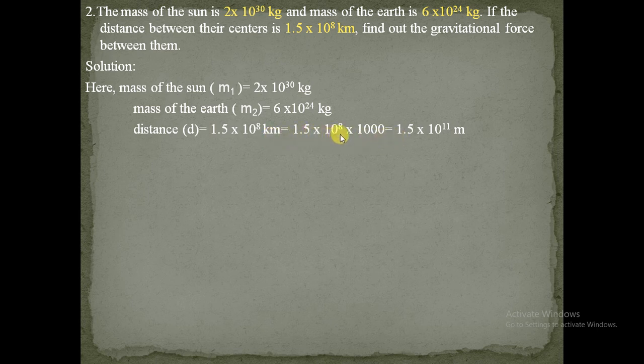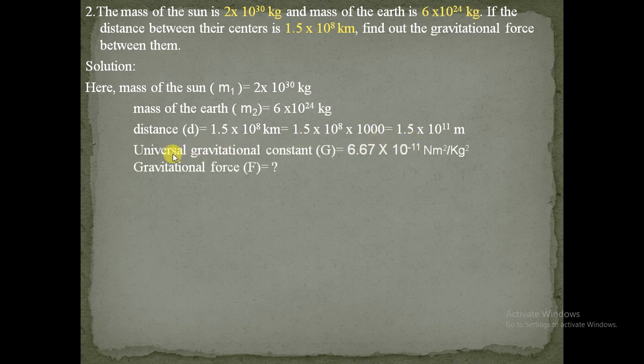We know that 1 kilometer is equal to 1000 meter. So while changing kilometer into meter, we have to multiply by 1000. After multiplying, we get 1.5 into 10 to the power 11 meter.